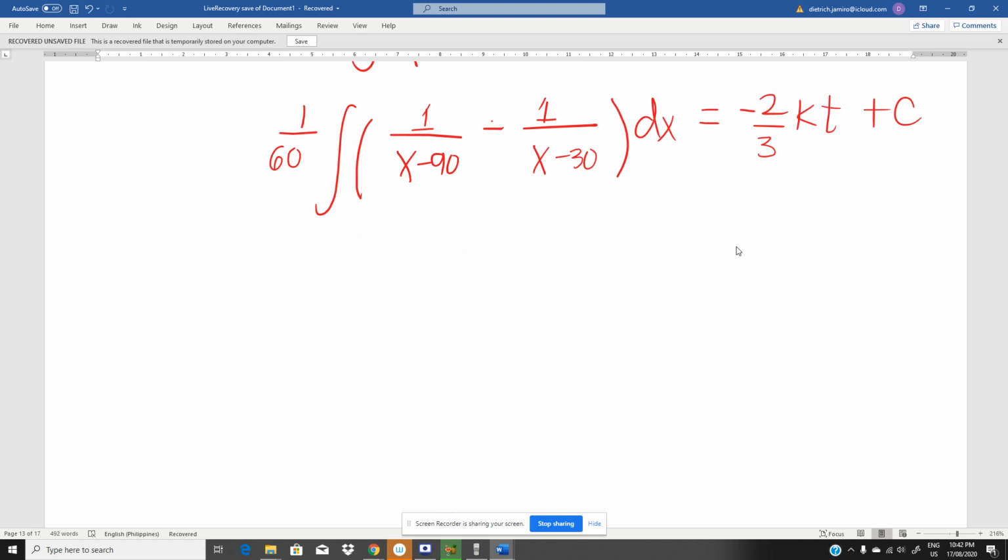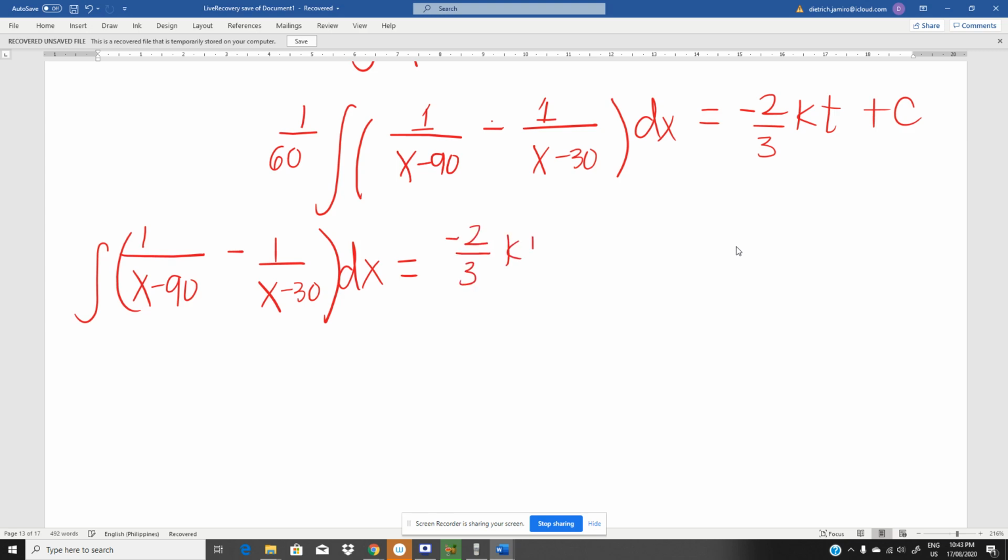And then, by cross multiplication, we will have the integral of 1 over x minus 90 minus 1 over x minus 30 dx is equal to negative 2/3 times kt times 1 over 60 plus 1 over 60 times c, that's equivalent also to c.